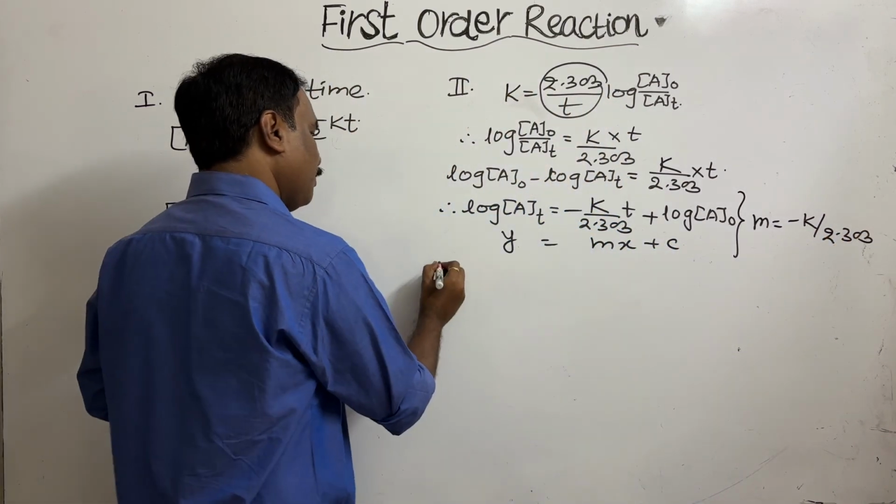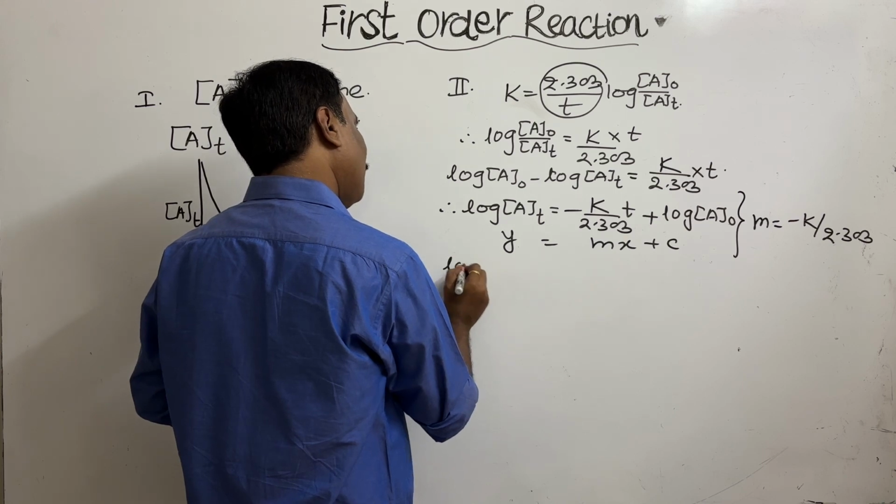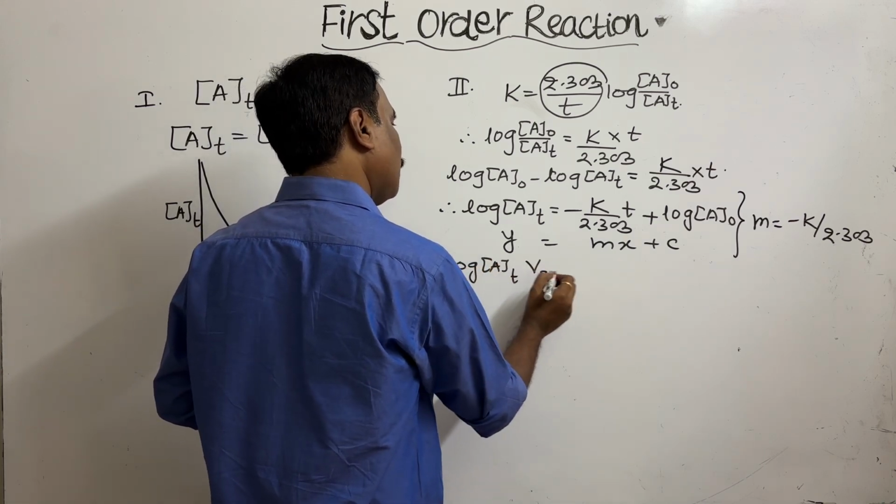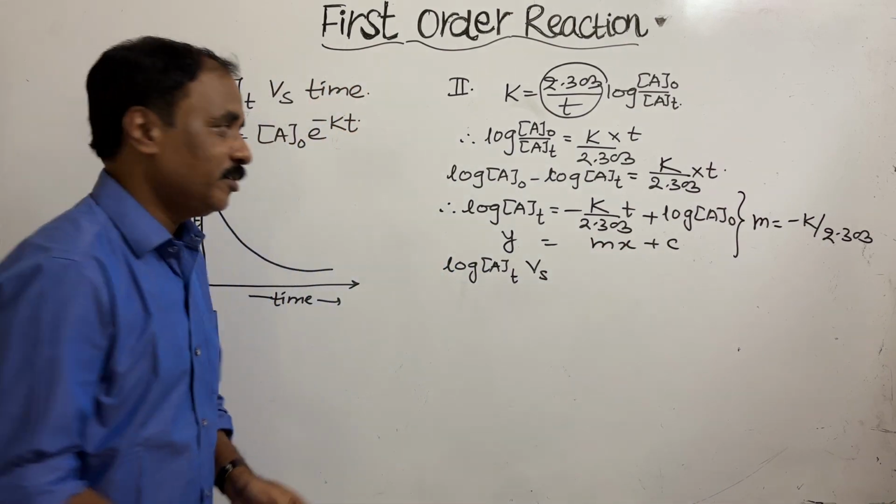Second graph, so log of AT versus what? Time.